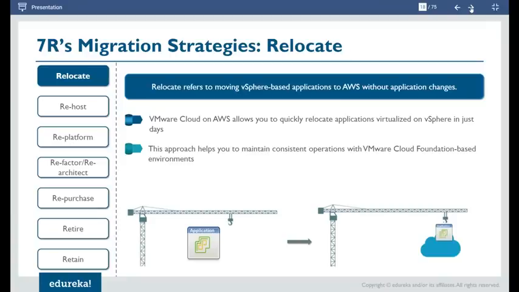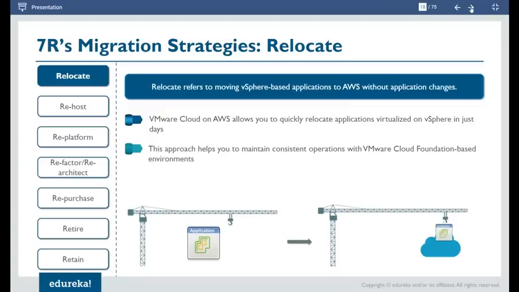Direct movement from your vSphere when you had that infrastructure running on vSphere, right? You're moving that exact infrastructure to your AWS. Now this is what we call it as relocate. No changes, nothing.